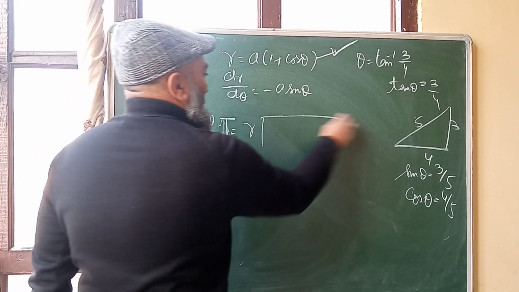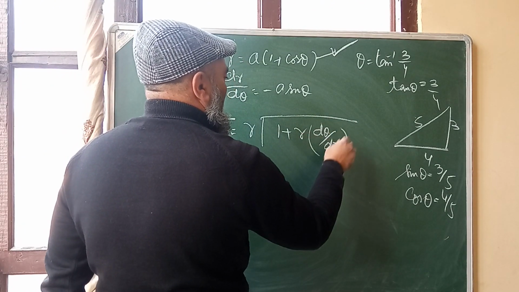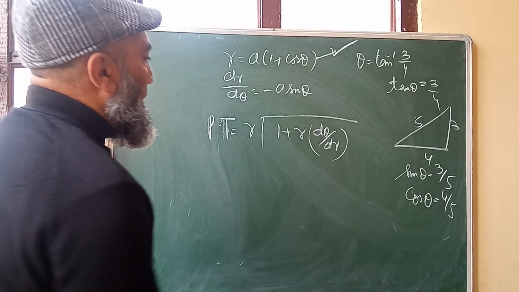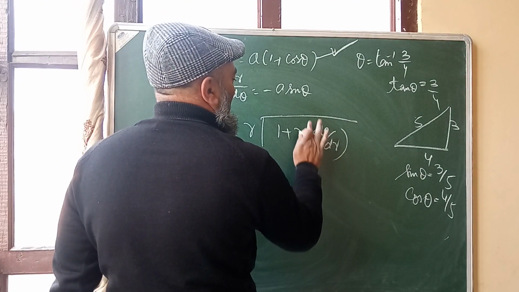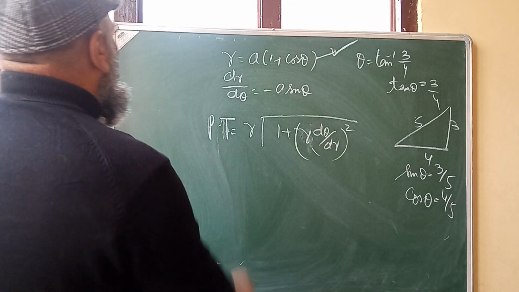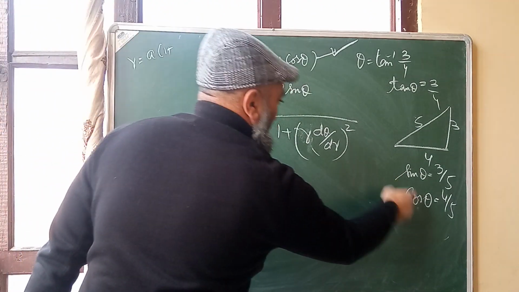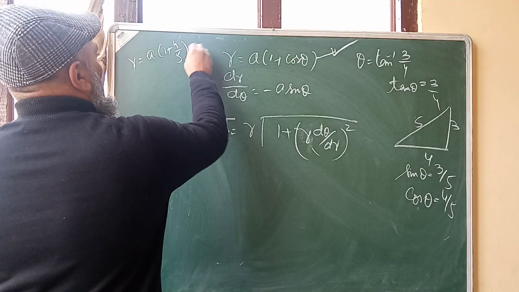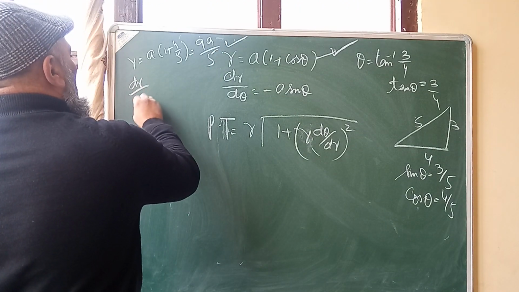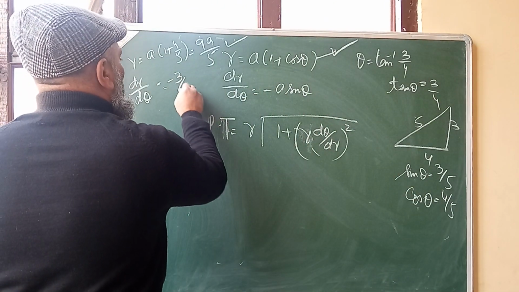It is r root of 1 plus r d theta by dr whole square. Okay, now r is a times 1 plus cos, which is 1 plus 4 by 5, so 9a by 5. Fine. Okay. dr by d theta is minus a sine, which is minus 3a by 5.